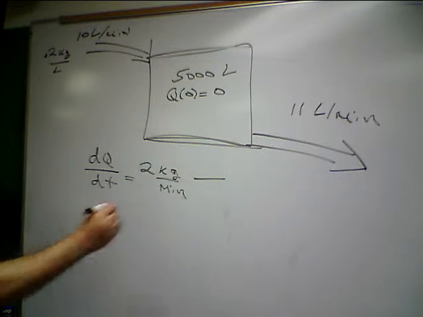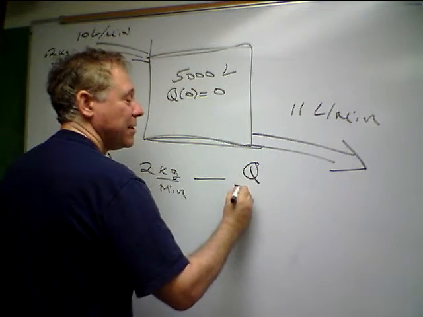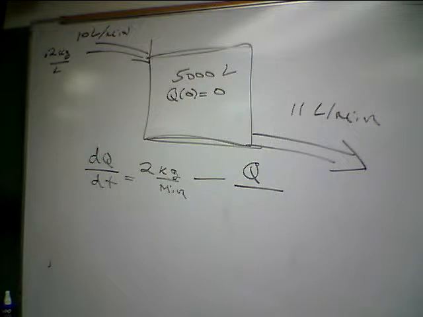Q over what? 5,000. Well, not quite. Because what's going to happen if it's draining at 11 liters per minute and it's coming in at 10 liters per minute? What's going to happen to the water level in the tank over time? It's going to drop. So over time, at time t, how far has it dropped?